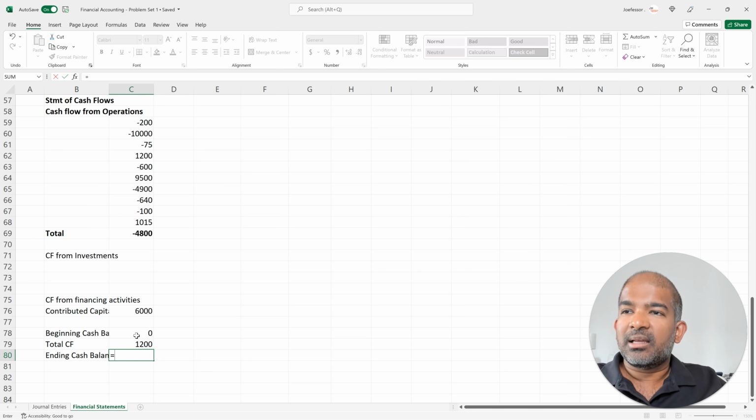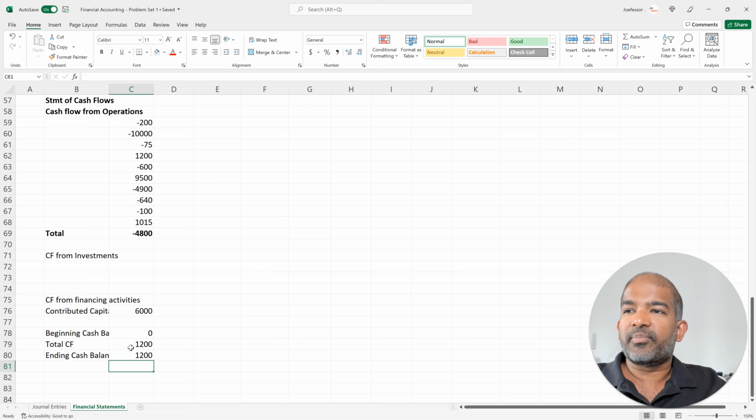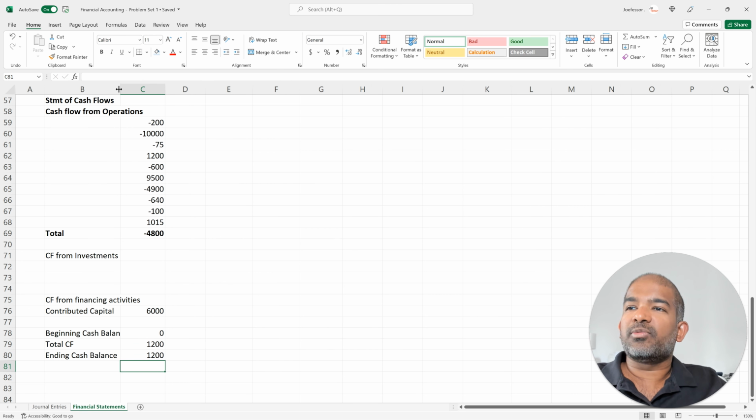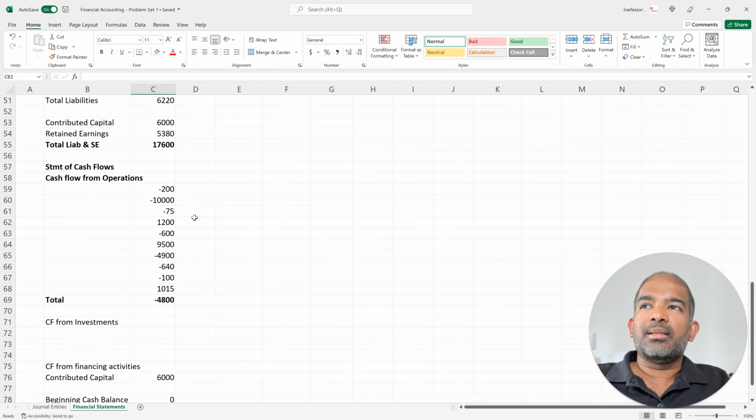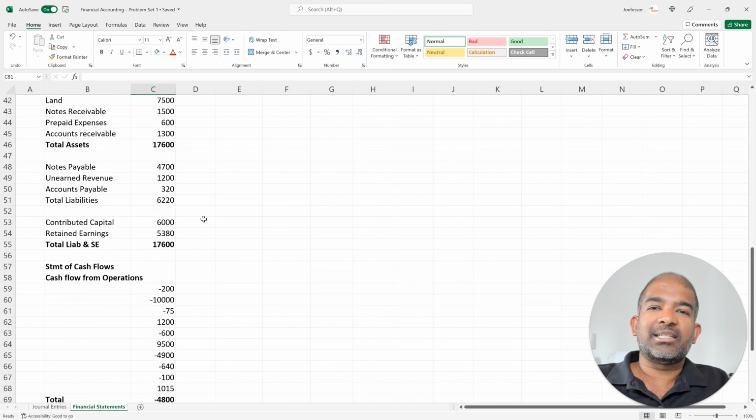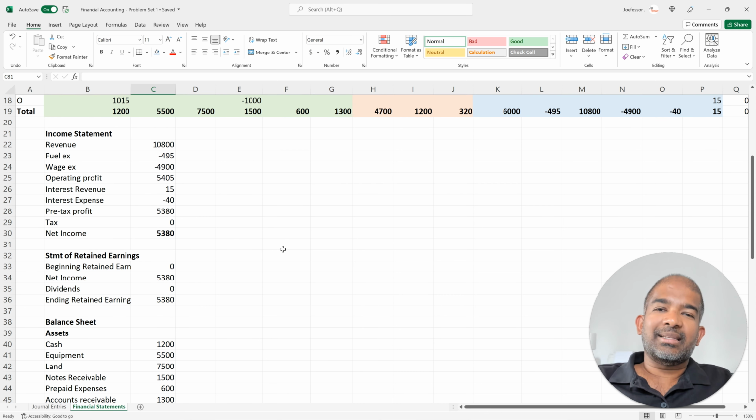The ending cash balance is the beginning plus the total cash change for the year. So that's what the typical cash flow statement looks like. That's how you create the four financial statements in that particular order. You start with creating the income statement to calculate the net income. Then you move to the statement of retained earnings to see how much of that net income is being retained.